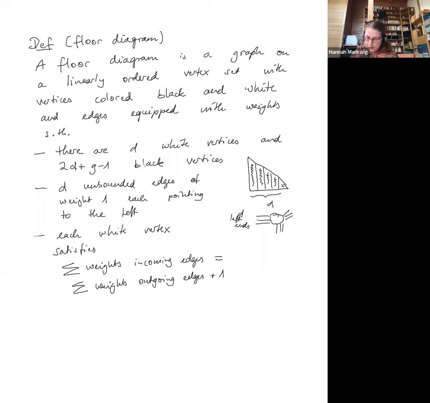A reason for that is that such a white vertex corresponds to such a strip in my Newton subdivision for my floor, right? The strip could be subdivided somehow. I don't know precisely how. Maybe like this, or who knows, right? And dual will be the floor and some adjacent elevators, right?